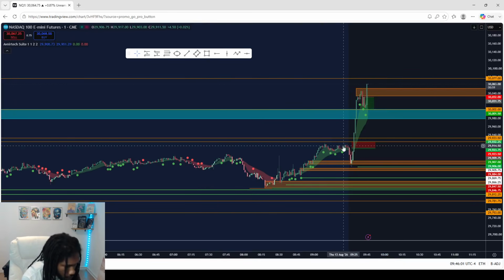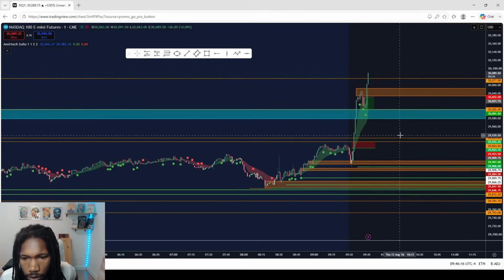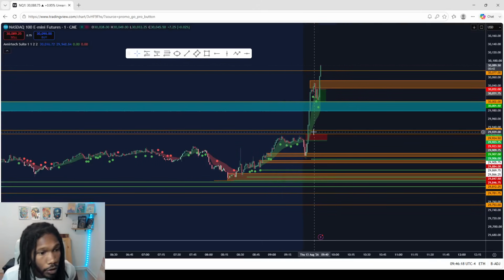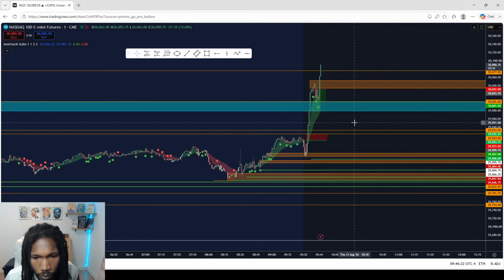What can be done though? Let's see if we get another setup. Price is still pushing. We got a nice little buy from the trading system that I've been using for confluence.